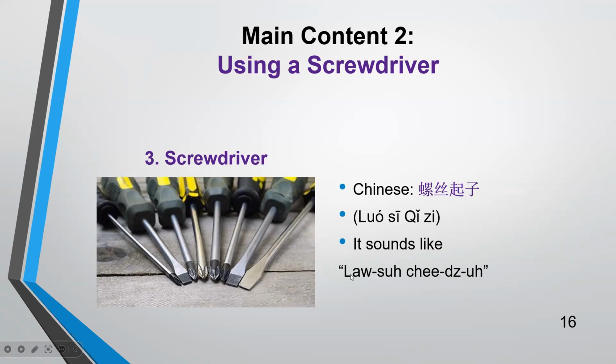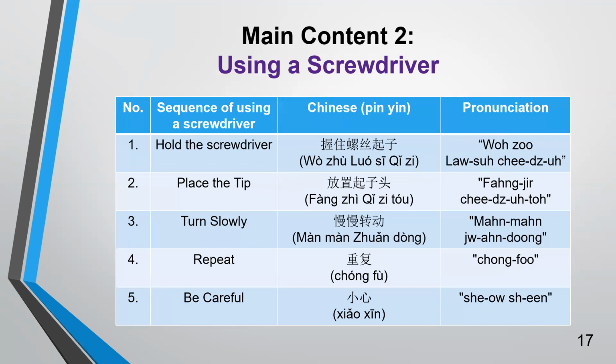It sounds like "law", the legal law. 螺丝, and then "cheese" without the S-E, 起子. 螺丝起子. Okay, a little bit faster. 螺丝起子. Easy to remember will be roses and cheeses. Okay? So we will go to the general sequence of using a screwdriver.